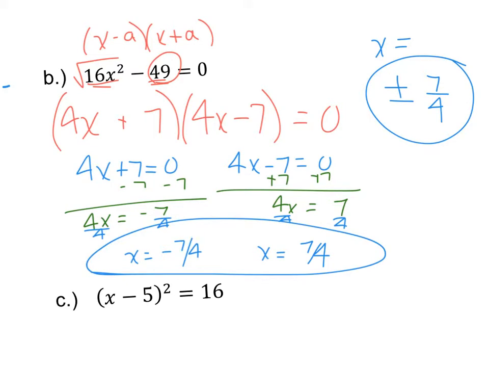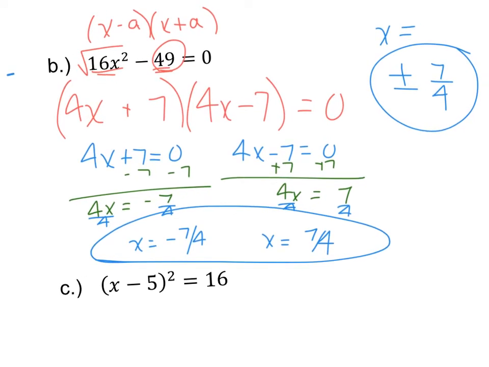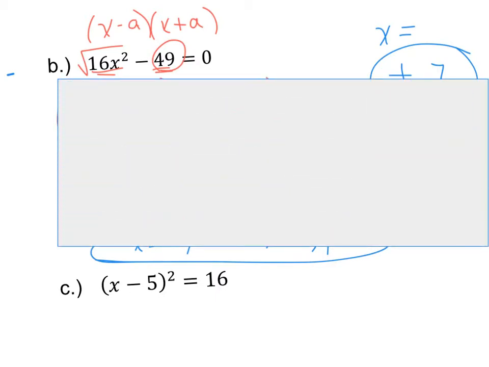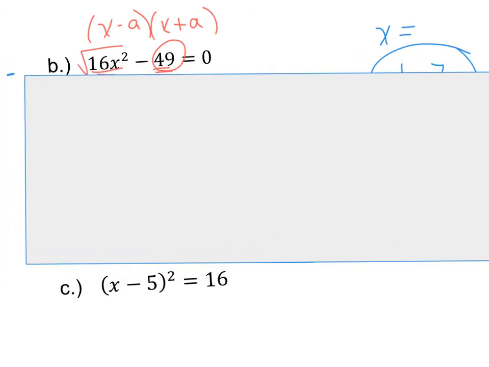I do want to show you another method of doing this question. So those of you guys that do struggle a little bit with perfect squares or difference of perfect squares, I want to show you another method that might be helpful. We know that this equation, as it's written, if I wrote it originally, 16x squared minus 49 is equal to 0, the object is to solve for x.